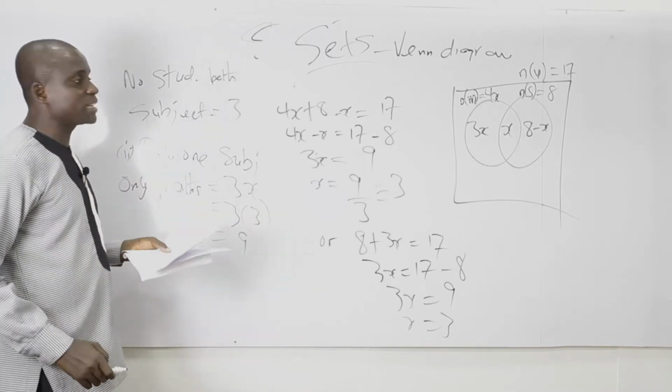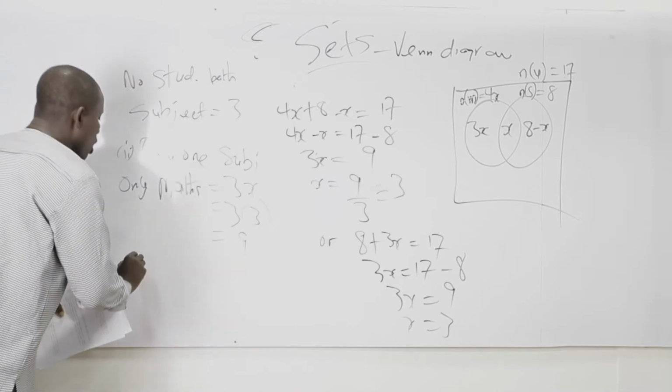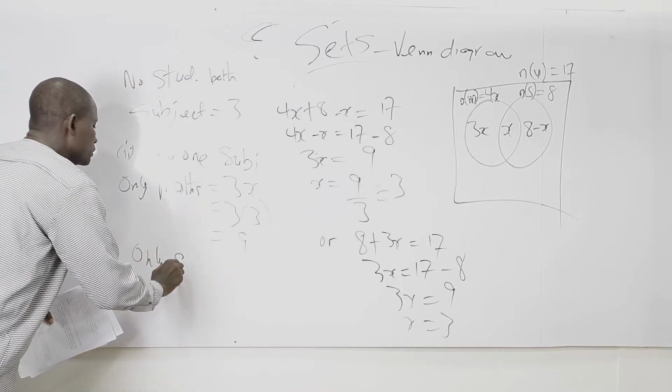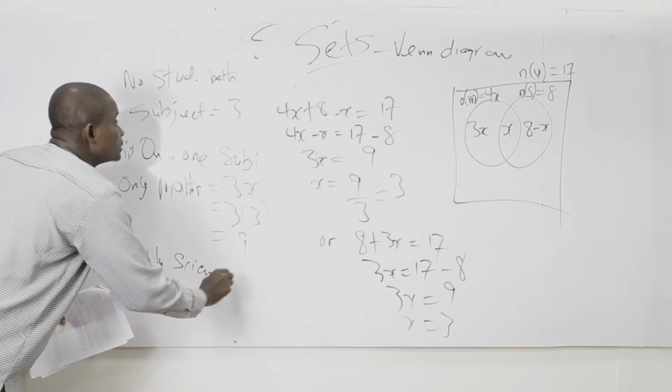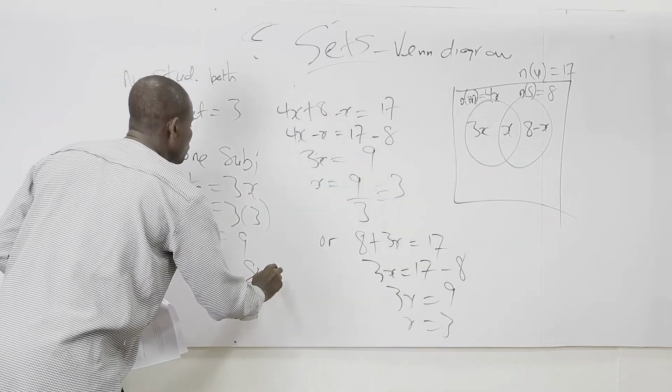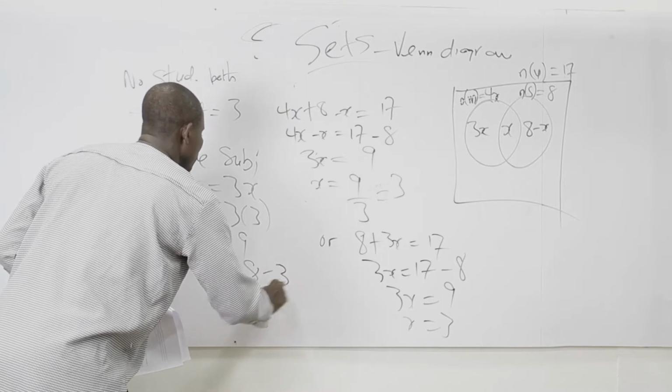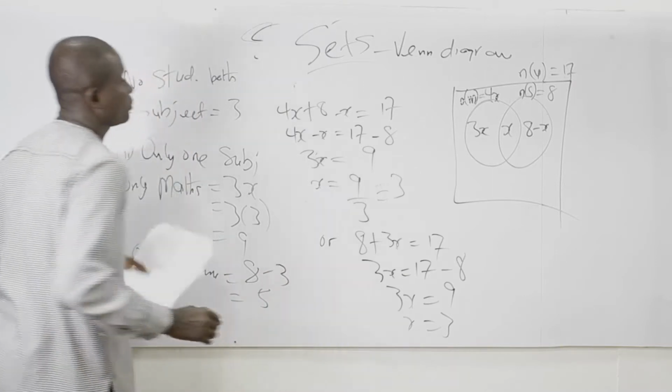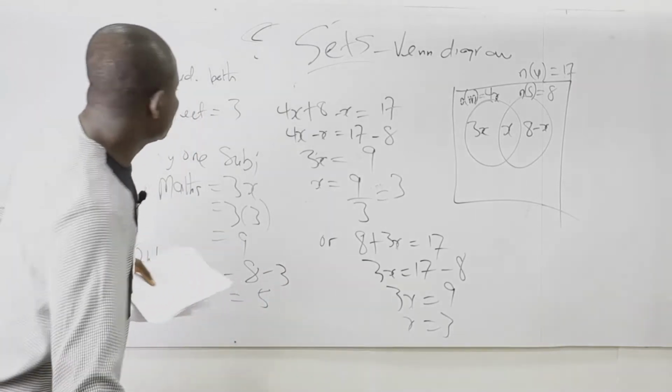Only maths is 9. Then only science. Only science is here. That is 8 minus x, where x is 3. So that is equal to 5. Okay.